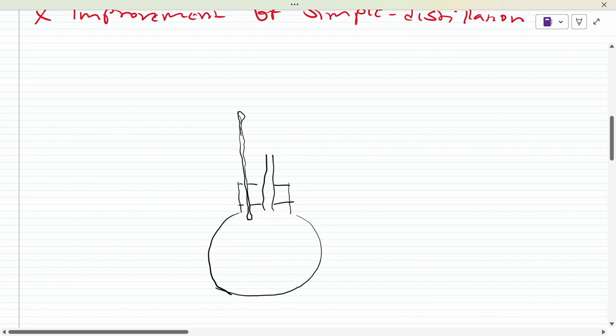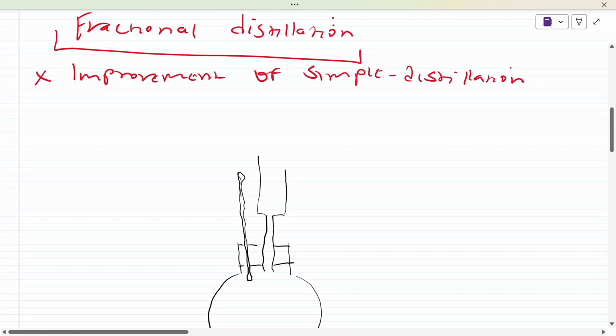And this delivery tube is connected to something like this. In fact, sorry, I've drawn it badly.